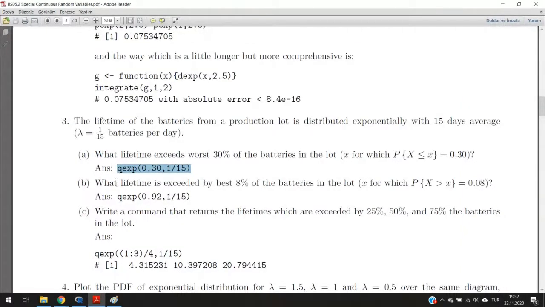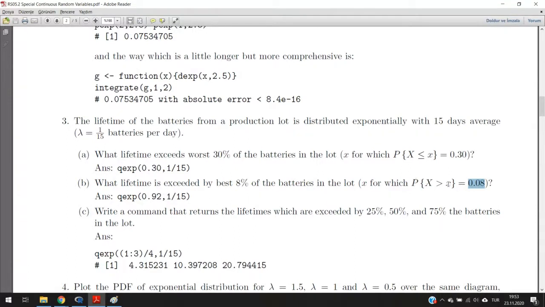Now, in the next question, it says, which lifetime is exceeded by the best 8% of the batteries in the lot? Okay, only the most successful, the best batteries, 8% of the batteries in the lot will exceed this lifetime. So the question is asking this, there is a certain lifetime which is only exceeded by a 0.08 probability, which means we are looking for the X value for which the cumulative probability is 0.92.